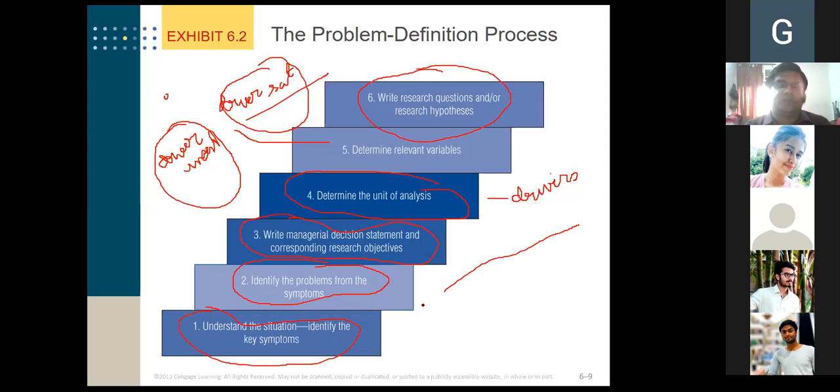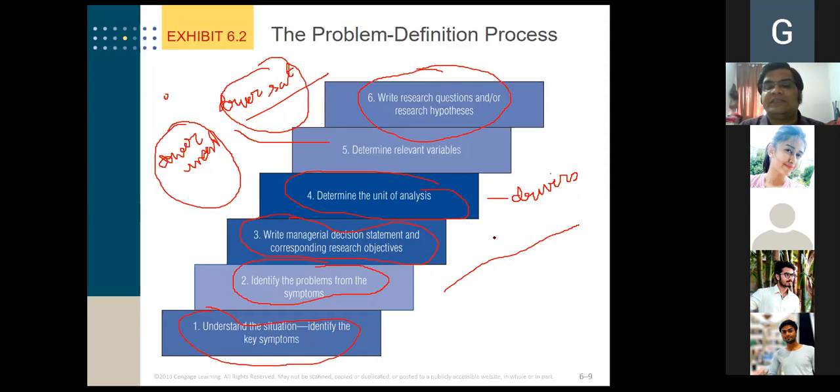Okay, we are running short of time. I will explain very quickly, or I can take it up in the next class. I'm just explaining very quickly. See, the third point is to write the managerial decision statement and corresponding research objective.